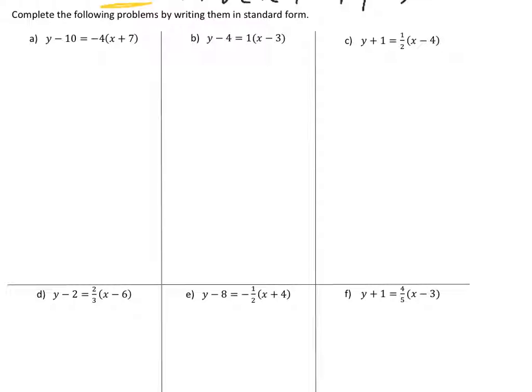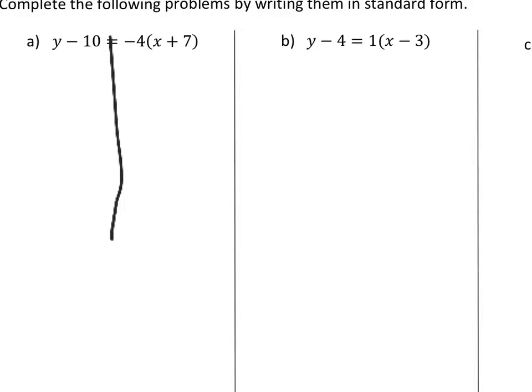So if I do this problem, I'm going to solve it normally, letter A. Start by dropping my wall. Whatever I do to one side of the equation, I have to do to the other.